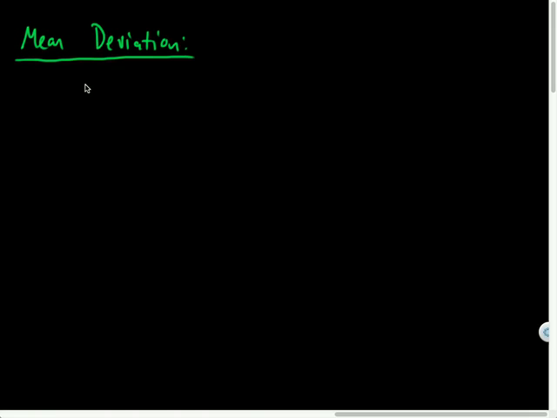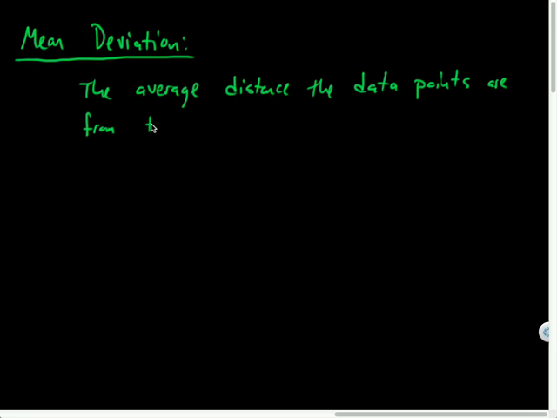So this is actually going to be the average distance the data points are from the mean. Okay, that is the definition.